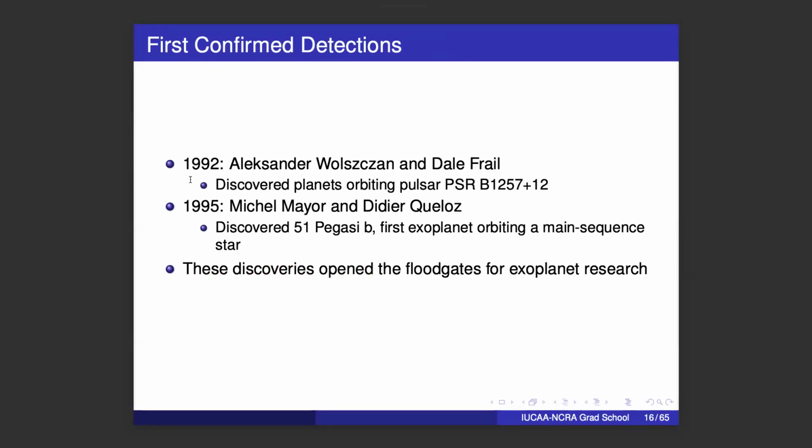In 1995, Michel Mayor and Didier Queloz discovered 51 Pegasi b, the first exoplanet orbiting a main sequence star, a regular star, not a compact object like a neutron star. And these discoveries just opened the floodgates and led to an enormous number of discoveries in the field of exoplanets.